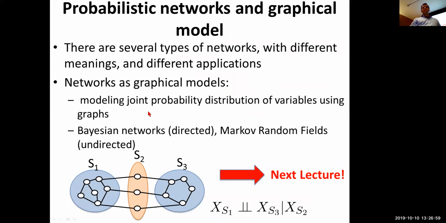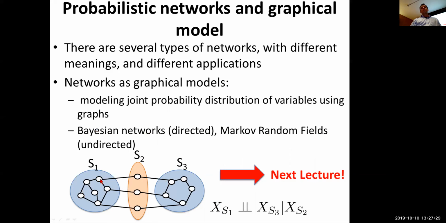So you could basically model the joint probability distribution of a large number of variables using graphs. Why is that useful? Because it models the dependencies of those variables in a much more explicit way, in a much more intuitive way. So for example, you could have Bayesian networks that are directed or Markov random fields that are undirected, and you may be able to link these variables in this particular fashion.